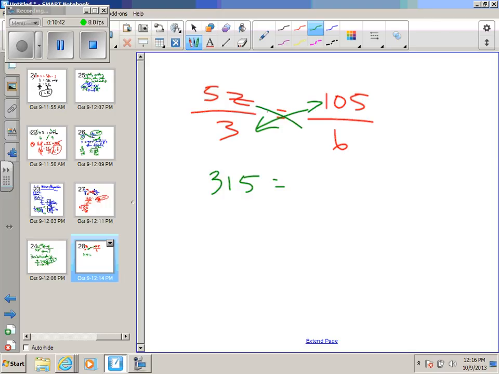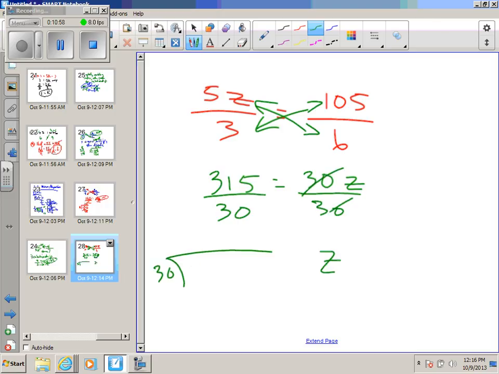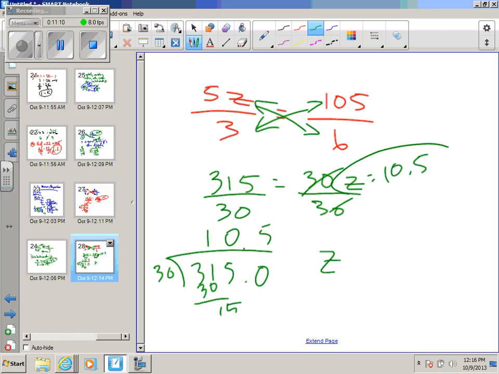And then the 5z times 6 is 30z. And then divide both sides by 30, and we'll isolate z. 30 into 315. May need a decimal for this one. Yes? Good. 10.5. Z equals 10.5.